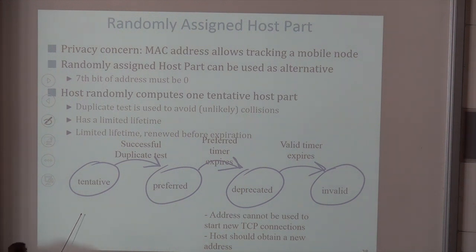So if you use random addresses, you will change them once in a while, which means the addresses will have limited lifetime. If the addresses have limited lifetime, that means they will die. And if they die, you have to renew them. Of course, if you renew them brutally, abruptly, you will break all established communications.